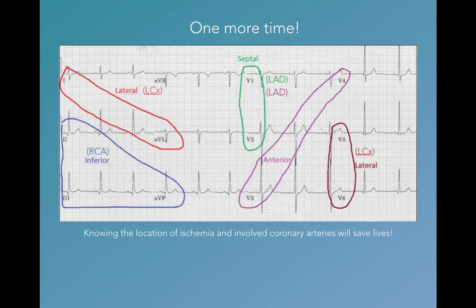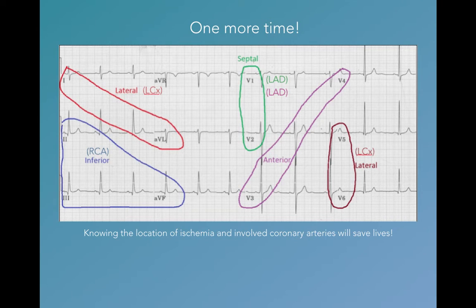This is super important when it comes to STEMIs, or ACS, I should say, because if you see any changes to the ST segment, like ST depression or ST elevation, you want to be able to pinpoint or hypothesize which vessel is involved. So when the person gets a coronary catheterization, it's easier for the interventional cardiologist to know where to start looking.